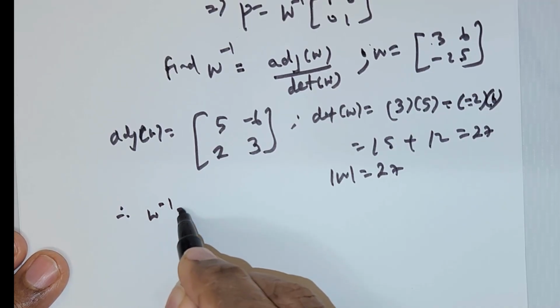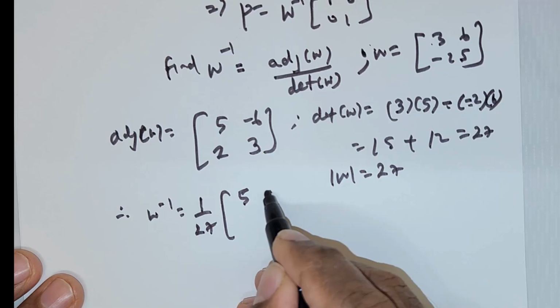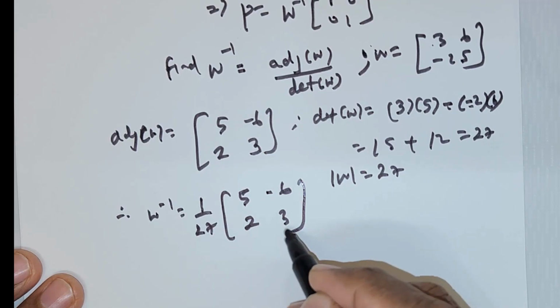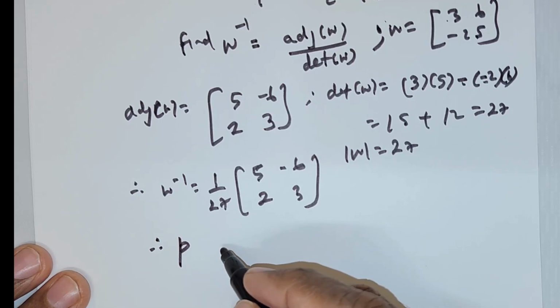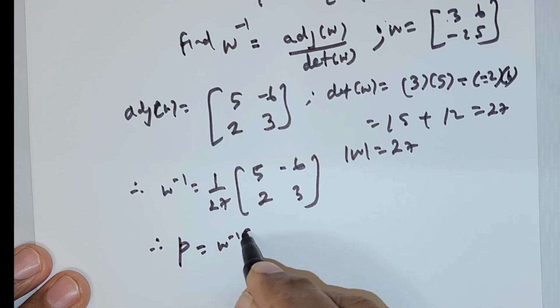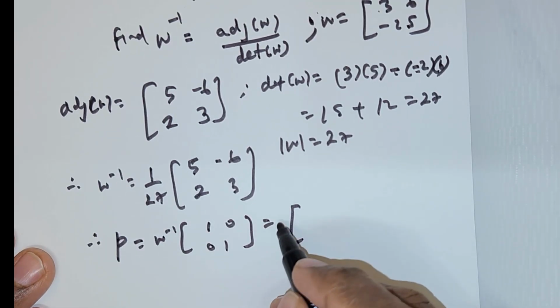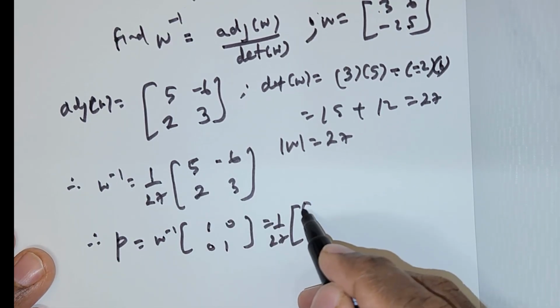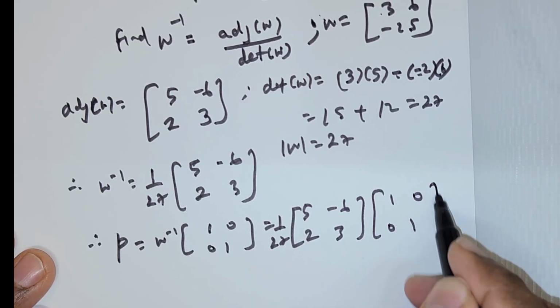So therefore W inverse is nothing but 1 over 27 times 5, negative 6, 2 and 3. But we are not done, we need to get P. So P is W inverse times 1, 0, 0, 1, which is nothing but 1 over 27, 5, negative 6, 2 and 3 and 1, 0, 0, 1.